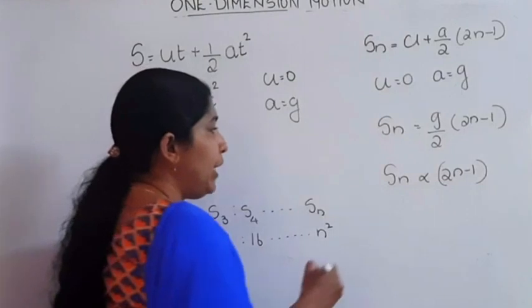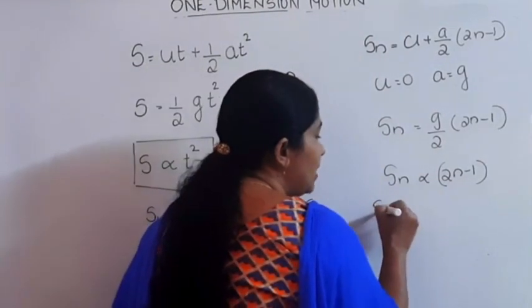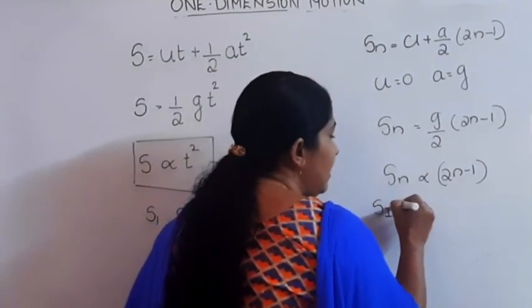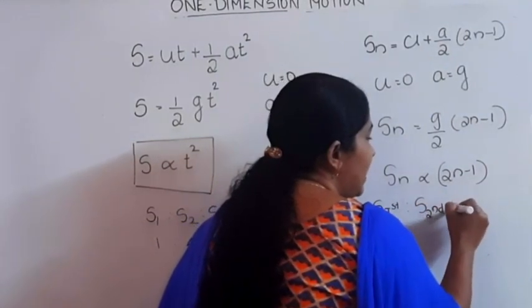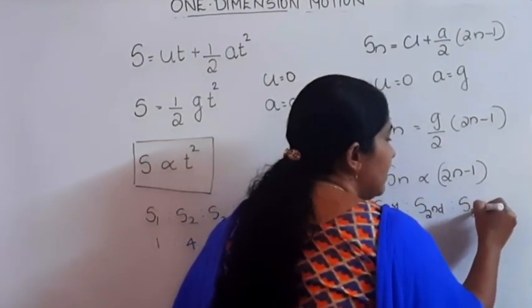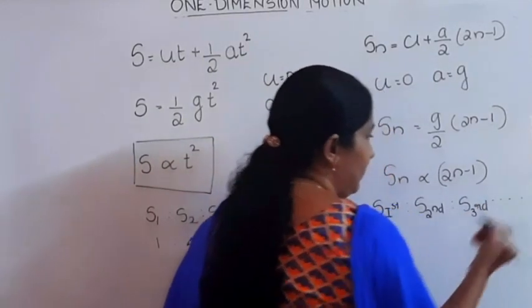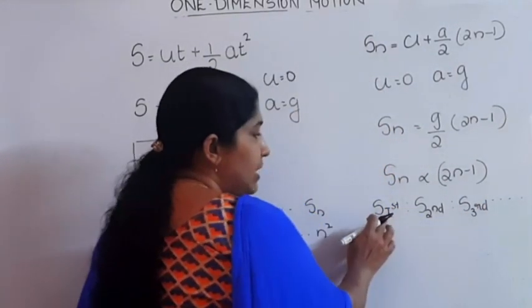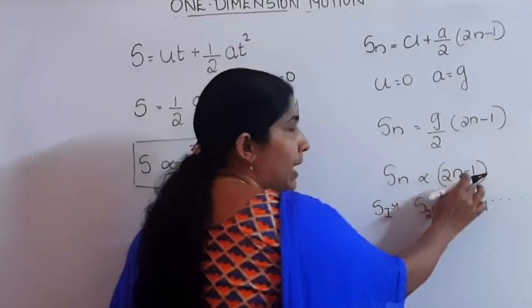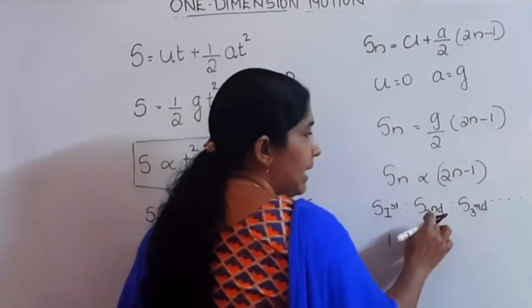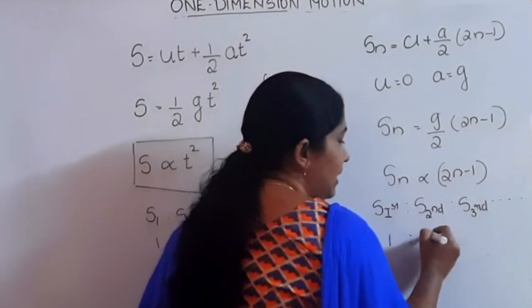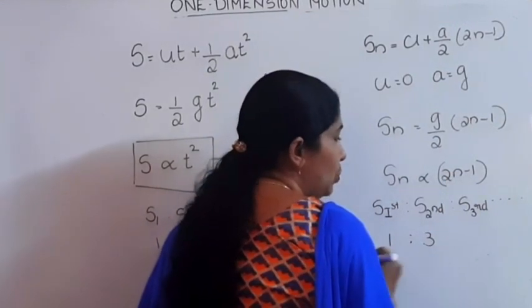Now we want to find out the ratio of displacement in the first second, the second second, the third second, etc. In the first second, 2 into 1 minus 1 is equal to 1. In the second second, 2 into 2 minus 1 is equal to 3.